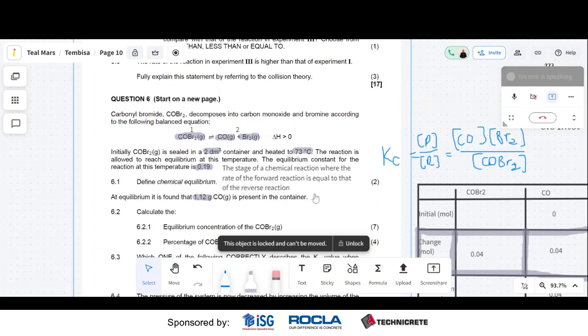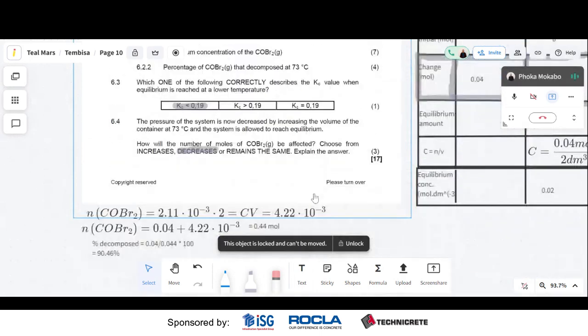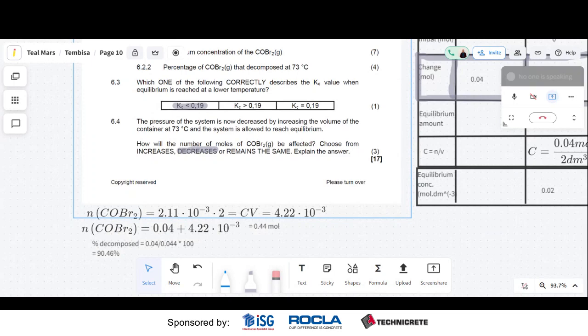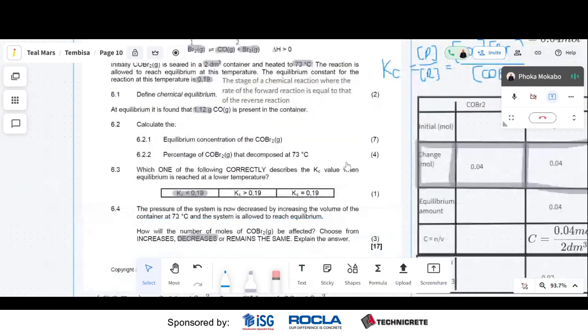Given that, the forward reaction will be favored, as the left side is where you have the lowest number of moles. So therefore, you would have a decrease in the number of moles of COBr2. And that is the end of 6.4.